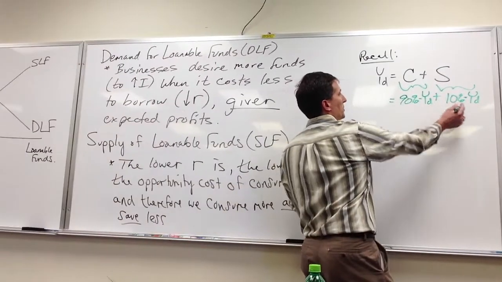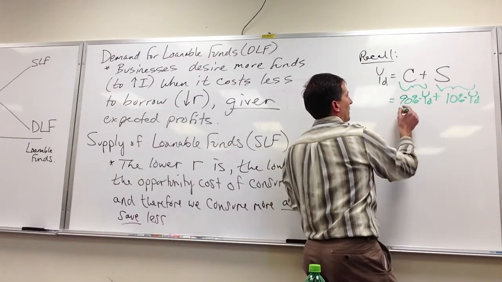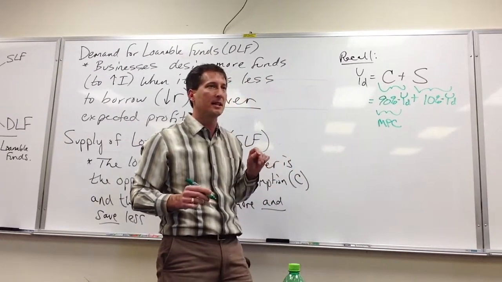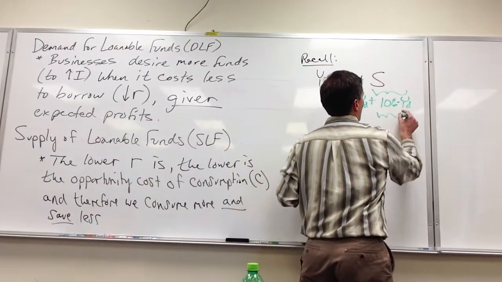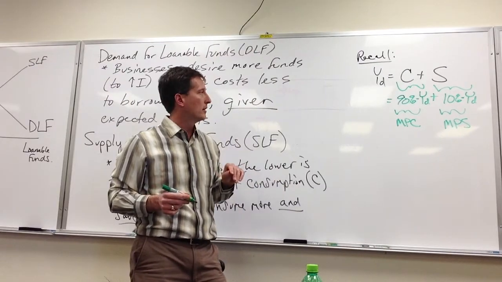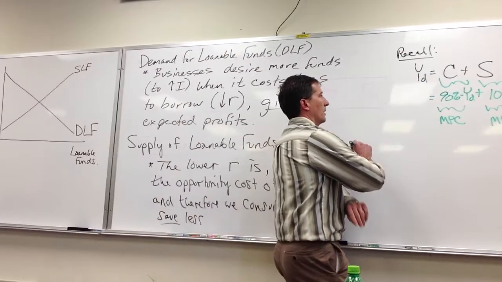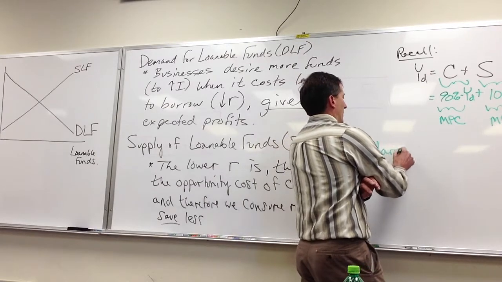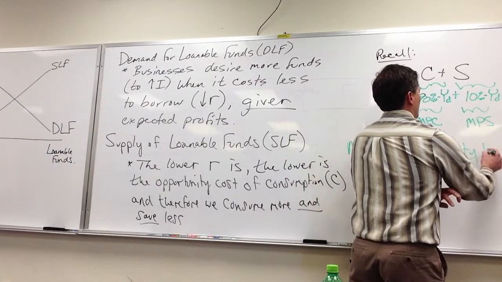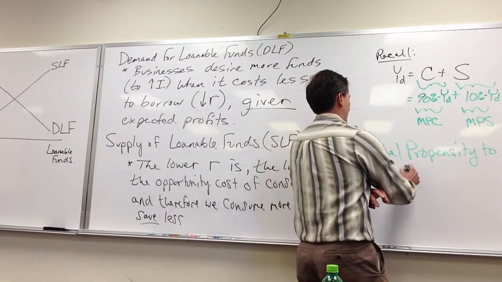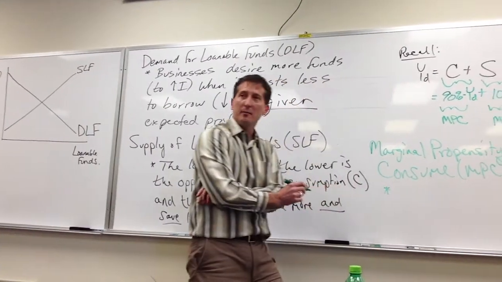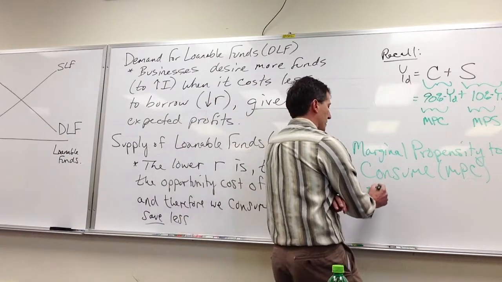And we've got some words for this percentage. This is called the marginal propensity to consume, the MPC. And this is the marginal propensity to save, the MPS. So the marginal propensity to consume, the MPC, is simply the fraction of my disposable income that I put towards consumption.